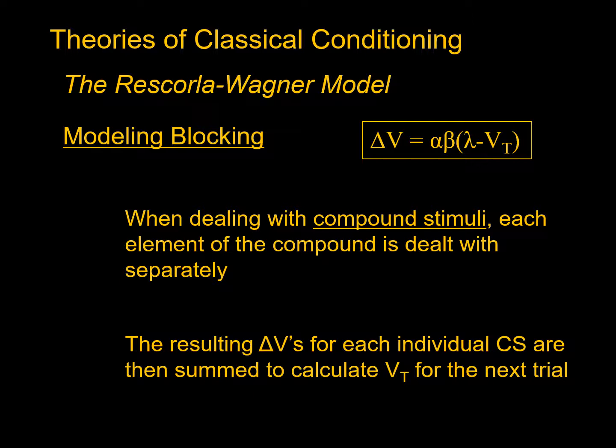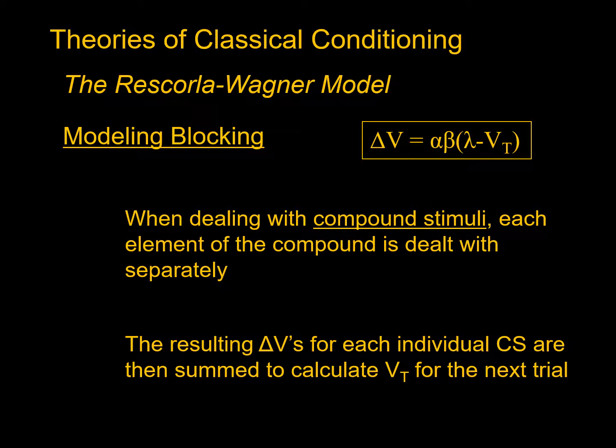And then, as I'll show you in the actual numbers in a second, we're going to have to add up both of those delta V's because they're both coming off of the same US. The same US is powering both associations. So when we get to the second trial, we're going to have to add up all the learning that's been used up by either CS before we start modeling the second trial. And if that doesn't make any sense to you, well, hopefully it will shortly.